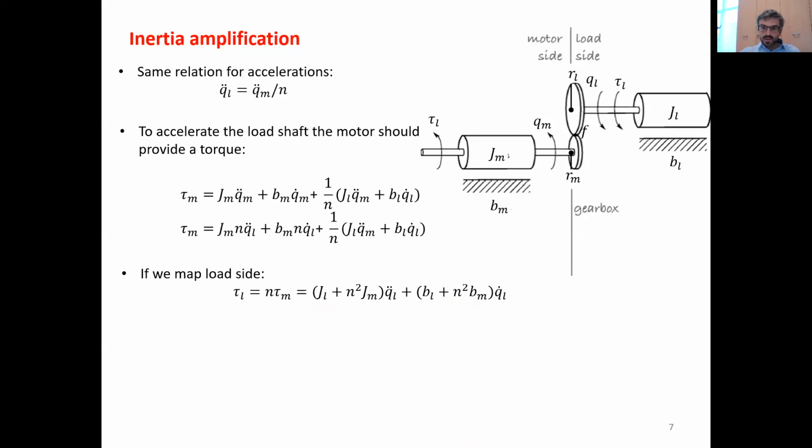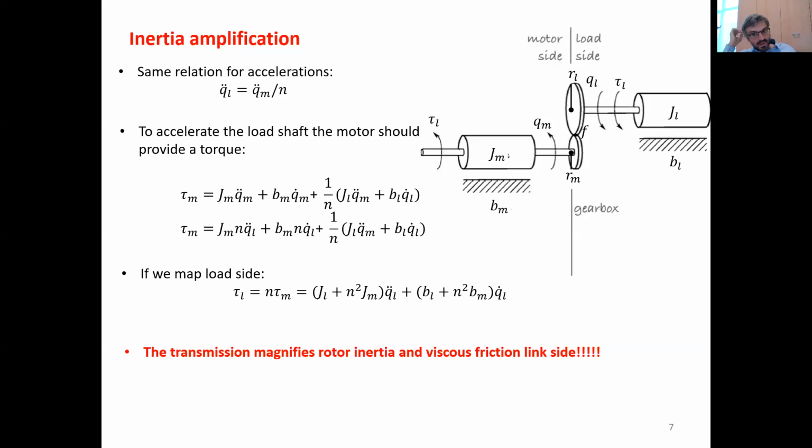So to accelerate the load, we need to waste energy also to accelerate the motor inertia, the rotor inertia, and this is becoming even more important if you have a big transmission ratio. So in general, we want to have a transmission ratio that is very large, because you can have very high torque at the load.